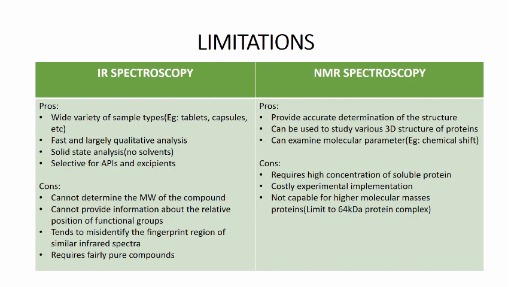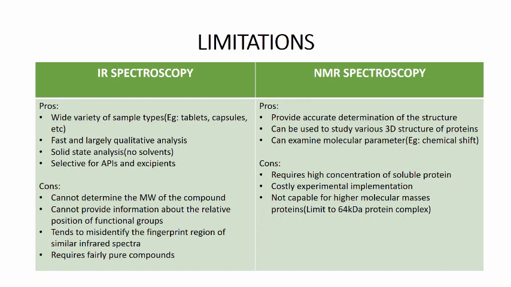Meanwhile, NMR spectroscopy can provide the determination of the structure accurately. It also can be used to study the structure of proteins in 3D structure, and it can examine the molecular parameters such as chemical shift.